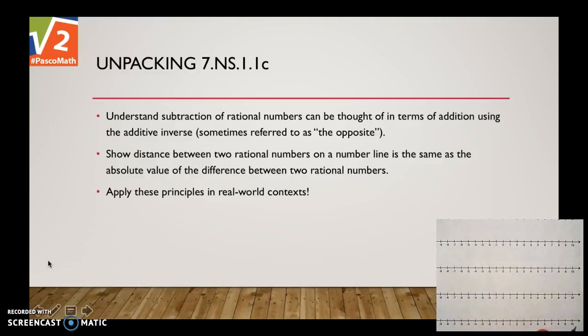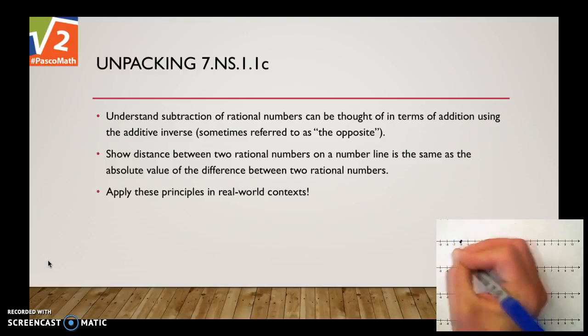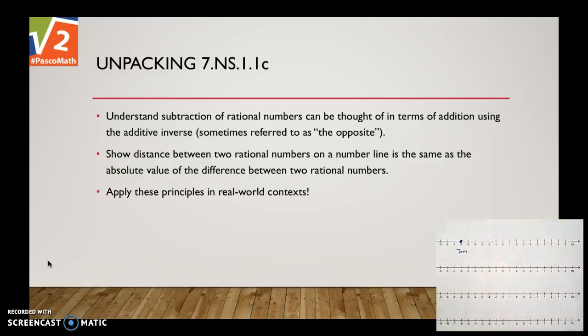The next part talks about the distance between two rational numbers on the number line. It's the same as the absolute value of the difference between the two numbers. So if we look, for example, using some context, the temperature is negative 6 at 7 a.m. And then it increases to 8 degrees at noon, or 12 p.m. We can look at how many degrees the temperature has increased between 7 a.m. and noon.